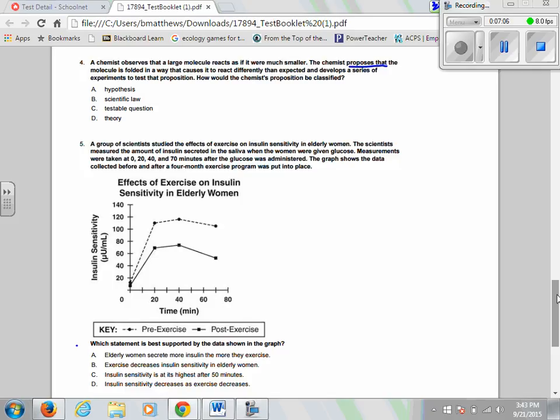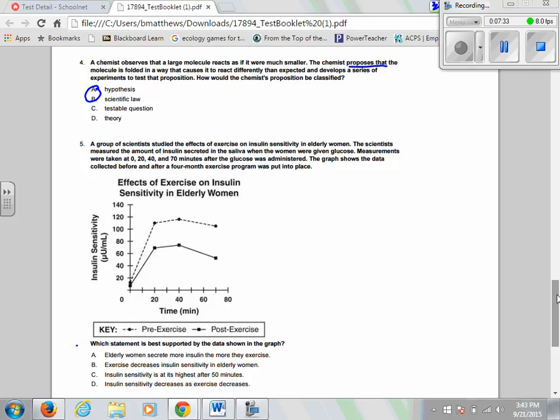It's just a statement saying what you intend to do or what you think is going to happen. So based on what we know about this terminology, a proposal is just a hypothesis. If I change this, then this will happen. Or I believe that this will happen in the experiment. So that is what would be consistent with a hypothesis.